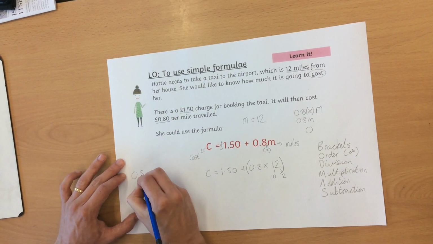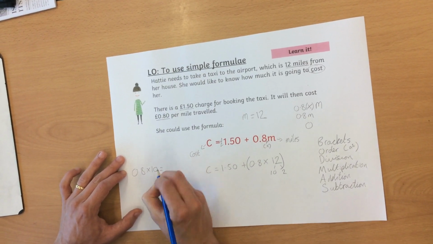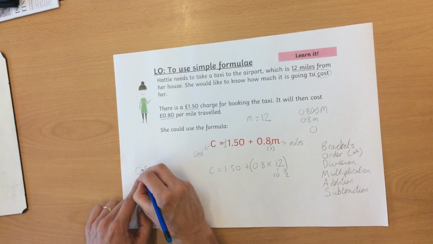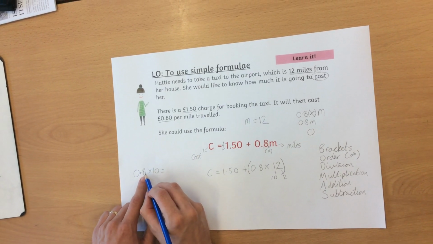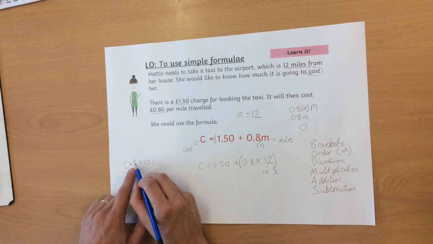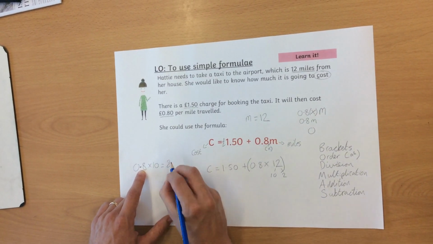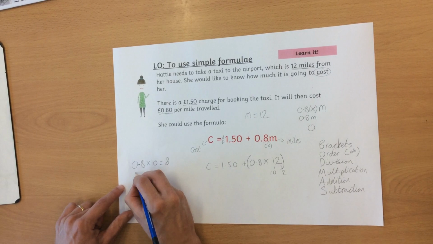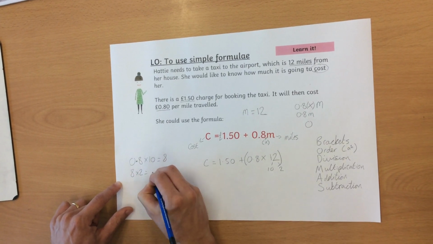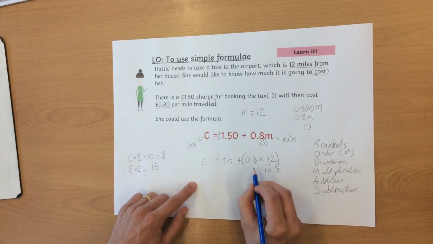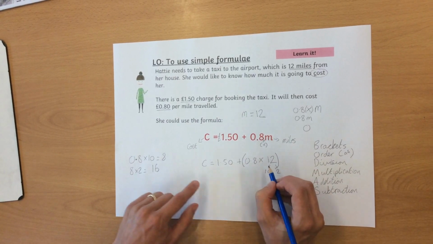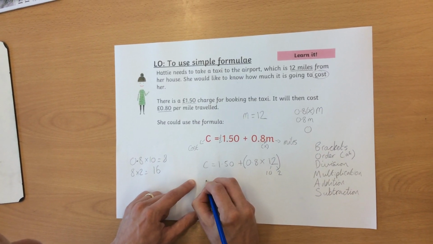Because I'm multiplying a decimal by 10, my place value will move to the left of the decimal point by 1, so my 8 tenths will become 8 wholes. And then multiply my 8 by 2. 8 multiplied by 2 is 16. So in brackets, this is going to equal 16.